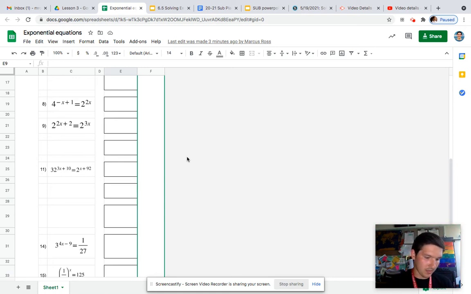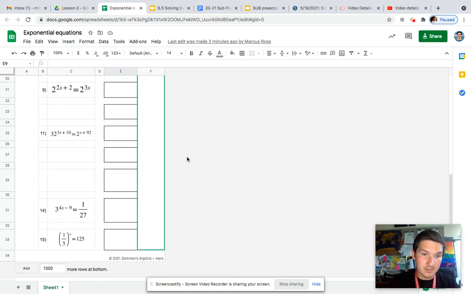Let me double check really fast. 2 to the 5th. And so 2 to the 5th times 3x plus 10 equals 2 to the x plus 92. And then you can multiply that 5, pull out your pieces.